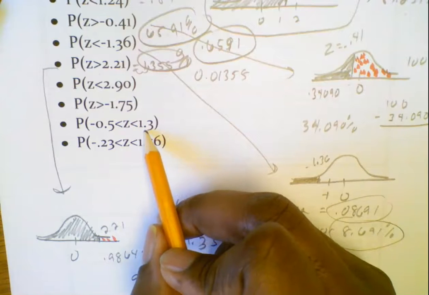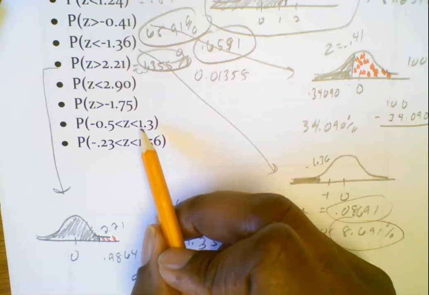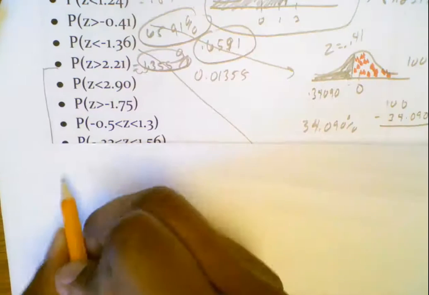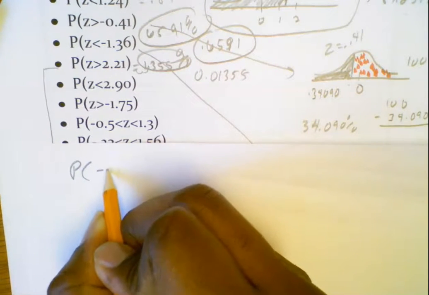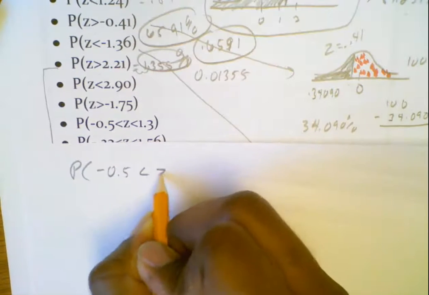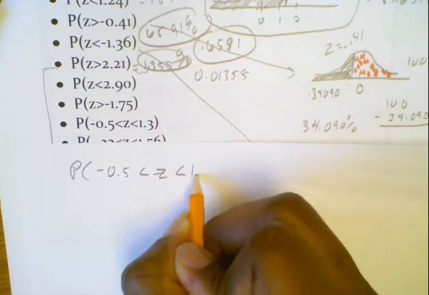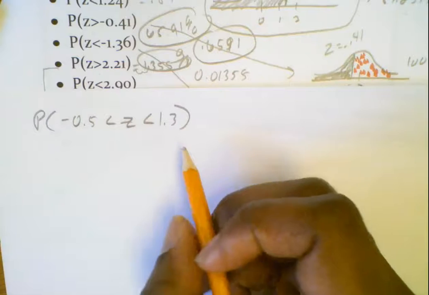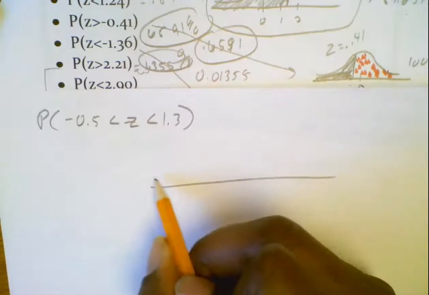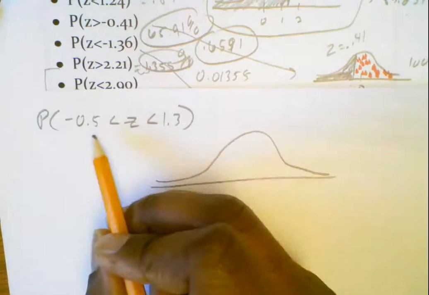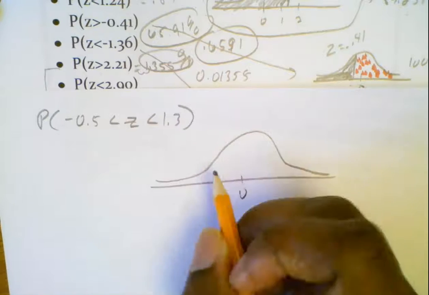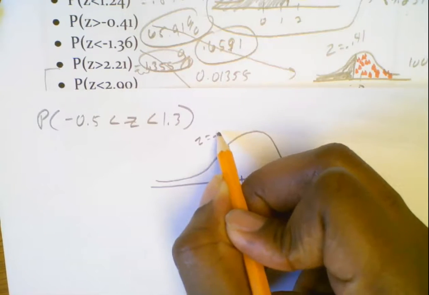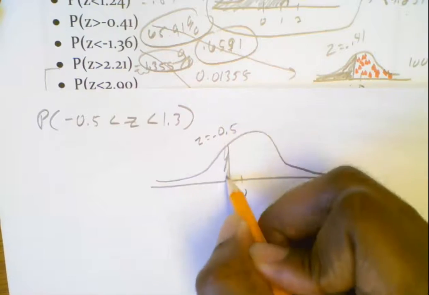All right, this is no different from the other ones. This is the only one that's a little bit different, so I'm going to do this one next. All right, I'm going to write this on a new sheet of paper too. This one says probability of z being in between -0.5 and 1.3. So if that's true, I'm going to draw the z-score for it. The left end is -0.5, so it's over here. So I want this portion.